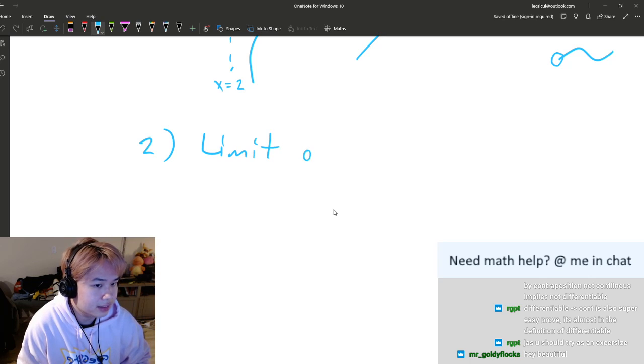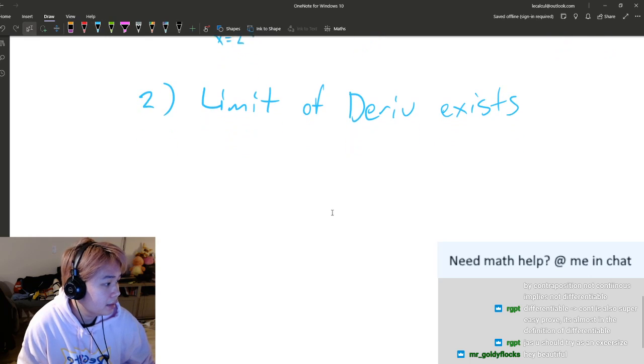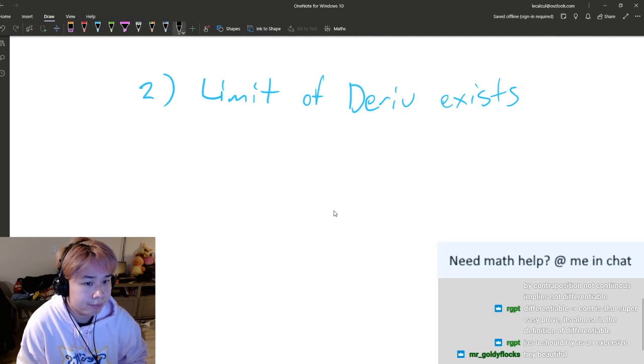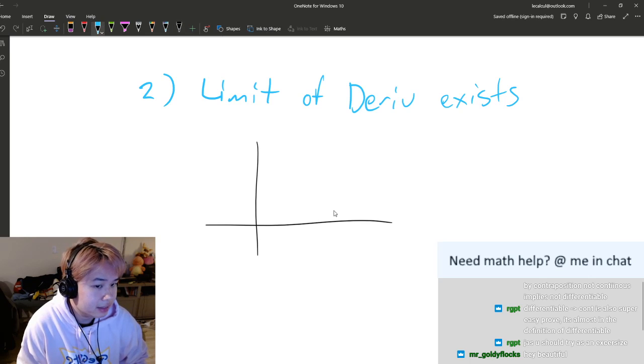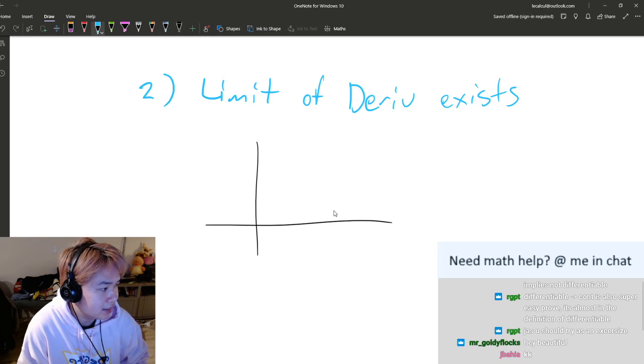The second one is that the limit of the derivative needs to exist. When you have a graph and you have a function, just because it's continuous doesn't necessarily mean that it's differentiable. Because there's this sharp corner here, the limit of the derivative doesn't exist.